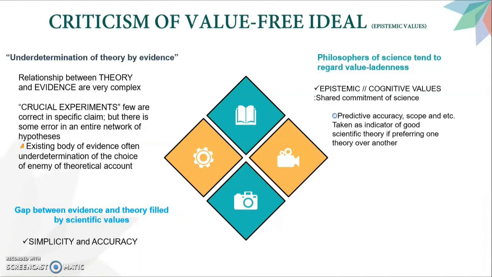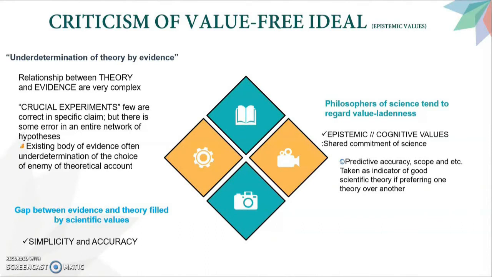In crucial experiments, a few are correct in specific claims, but there is some error in an entire network of hypotheses. So it will affect the existing body of evidence, often underdetermining the choice of elements of the theoretical account.